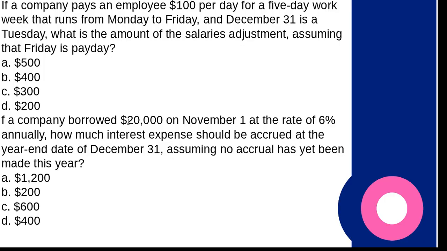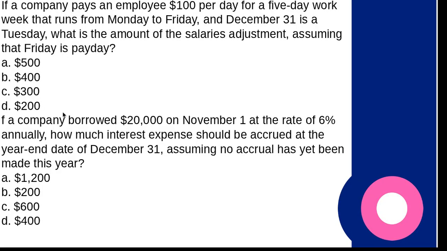6% of 20,000 is for the whole year. Then you have just done the business for 2 months, because the accounting period stops in December. So November and December, those 2 months will now be 2 over 12 times 6% of 20,000. Calculate it.